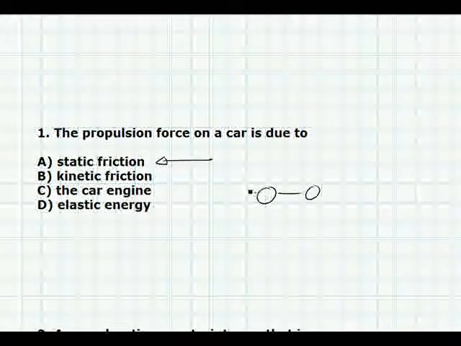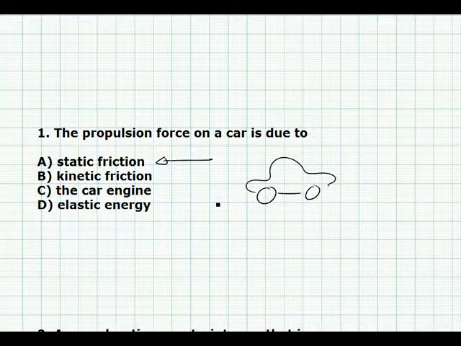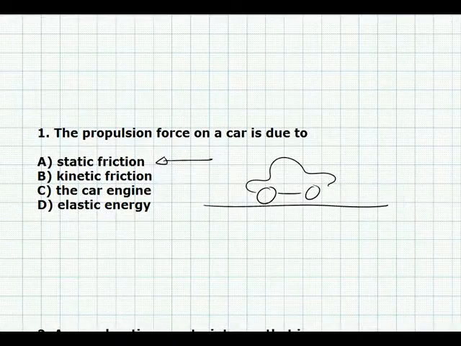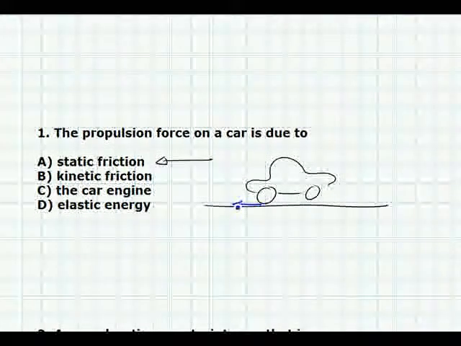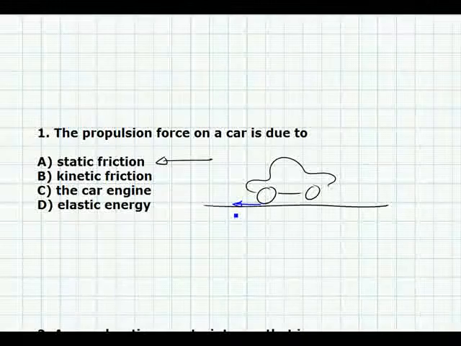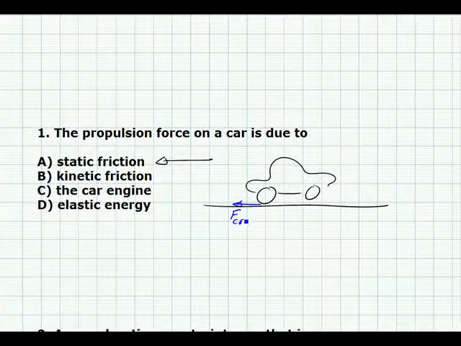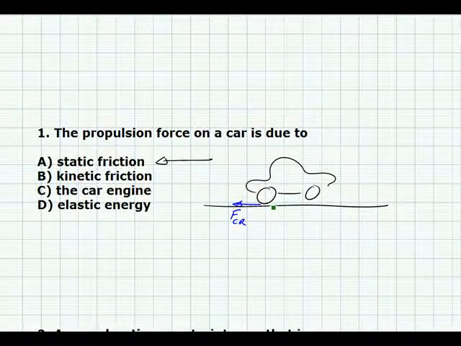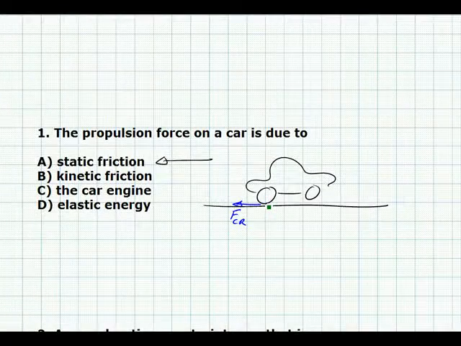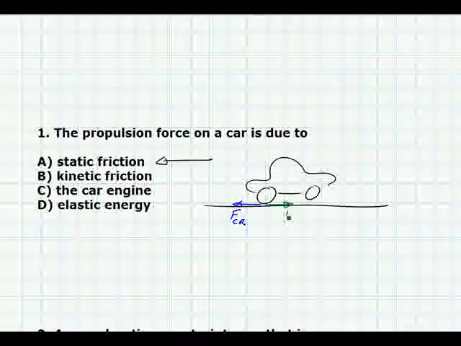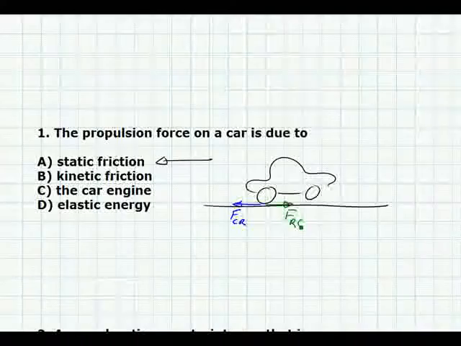So the car pushes on the road, so this is the force that the car exerts on the road, the force of car on road. And we also have, by the same token, a force that the road exerts on the car.